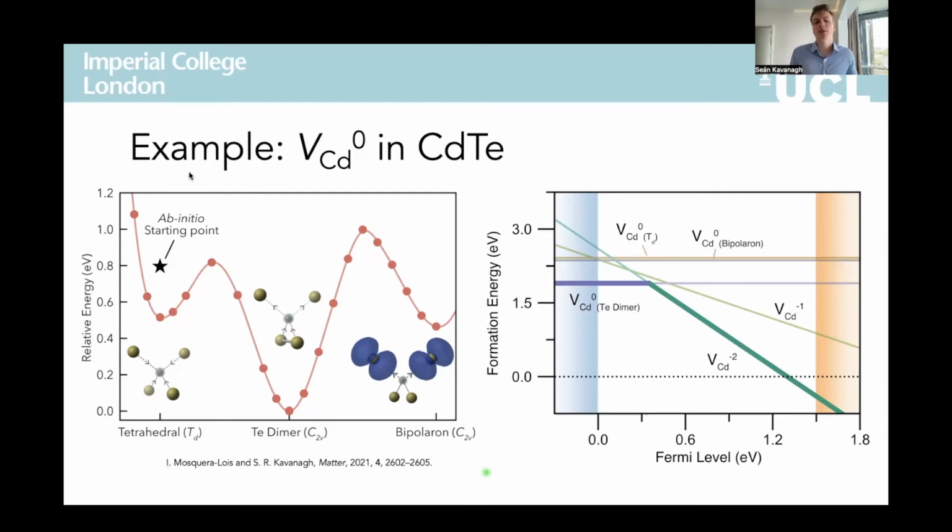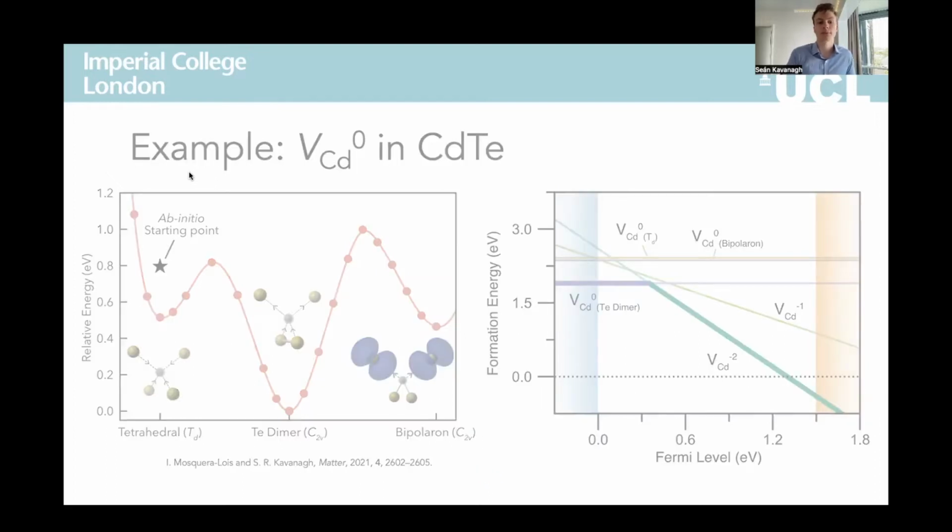So these observations led us to question, with the presence of metastable states like this on the potential energy surface for defects, how important can the structural dynamics and potential transitions between these defect structures be for device performance?